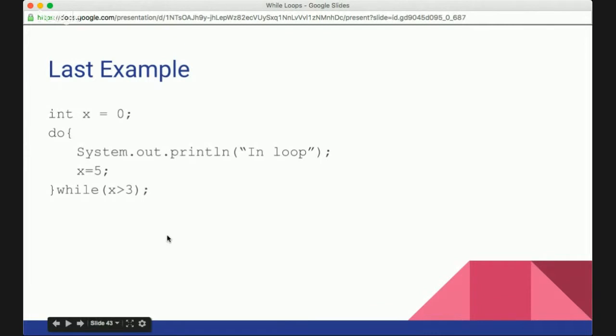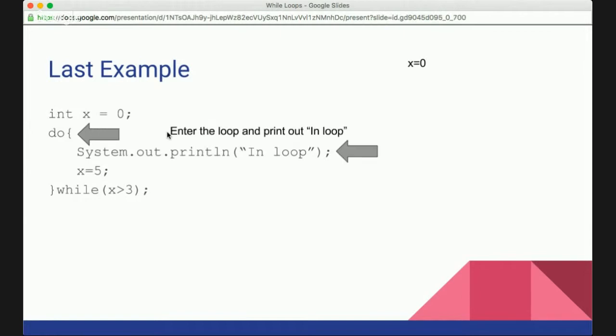And this is the last example. Start with x being 0. If you ignore this part, it wouldn't execute at all normally, if it were just a normal loop. Going into the loop, it prints that it's in the loop.